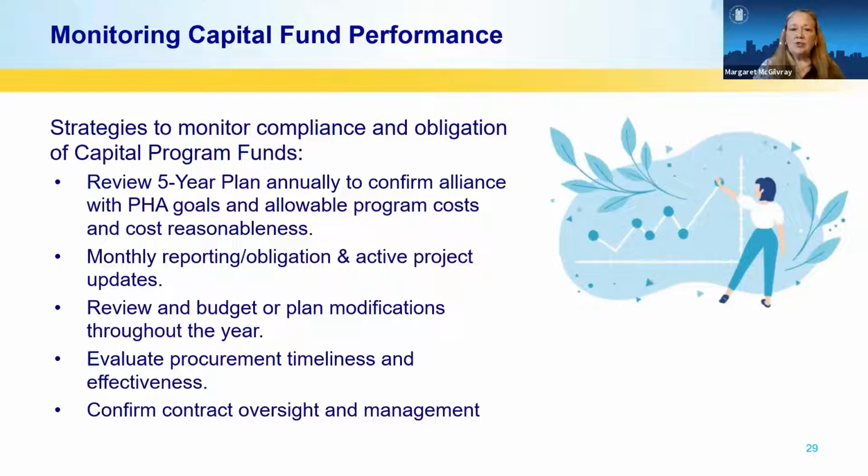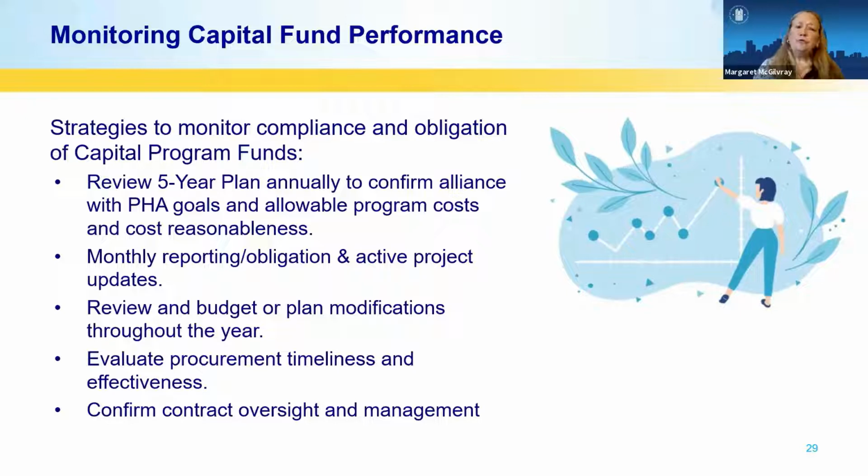Because of that obligation and expenditure requirements, you want to make sure that you are not going to miss that 90% obligation deadline and 100% expenditure deadline and therefore lose funding. So you need to use your 5-year action plan and annual capital fund budget to see where you are in terms of that obligation and expenditures, as well as in terms of how you're making progress on projects and plans.